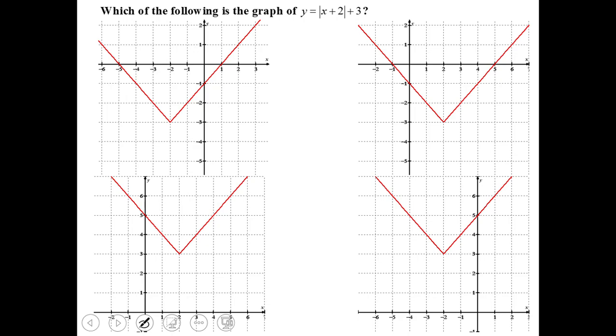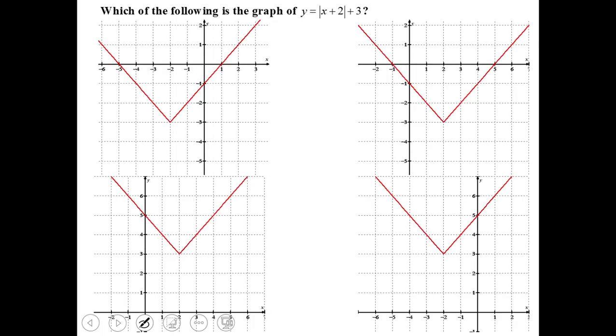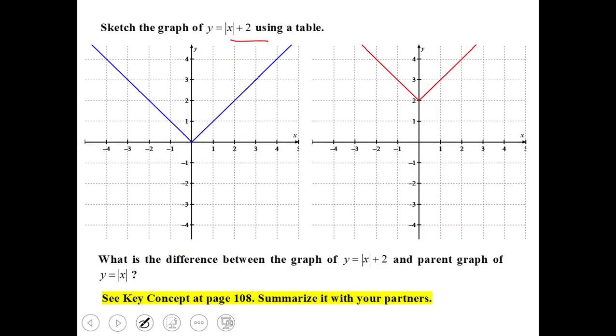So now we look into this guy here. Let's discuss first two more transformations.